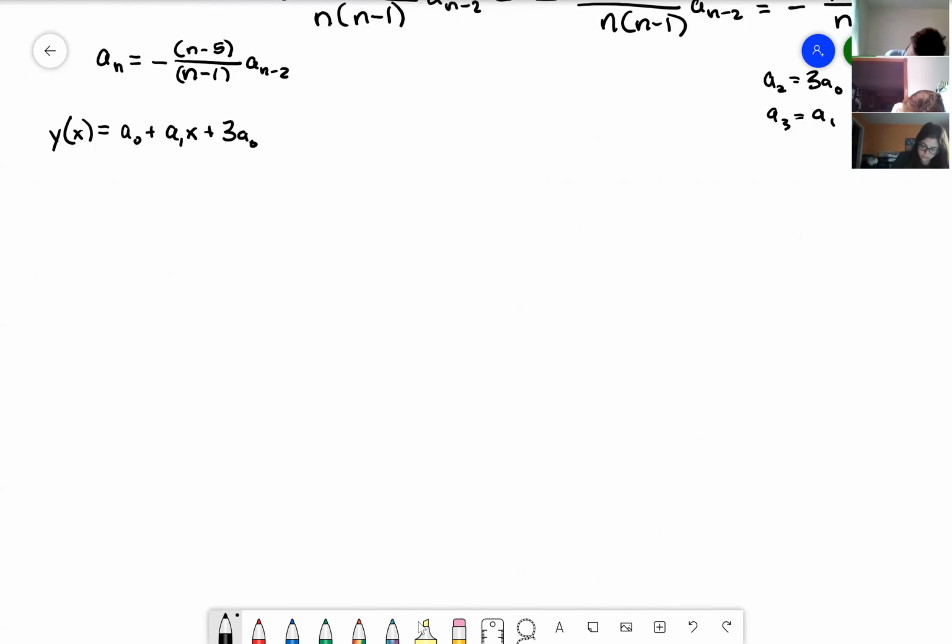Okay. And then let's see, so that's plus 3A0 x squared plus A1 x cubed plus now A4. That's going to be negative 1 over 3, 1/3 A2. So that is A0. Oh, interesting.